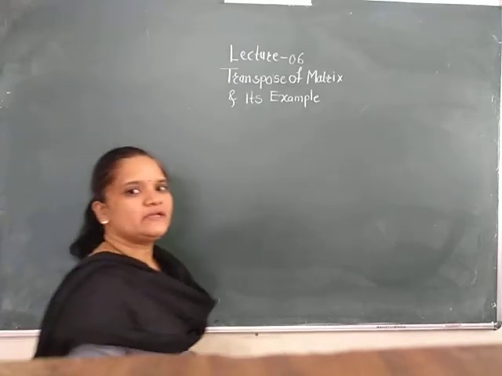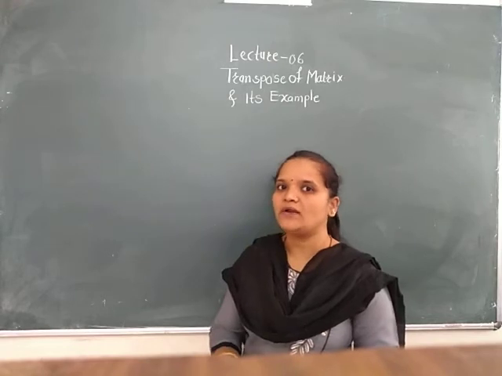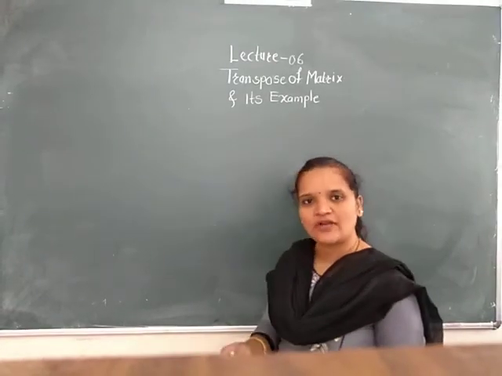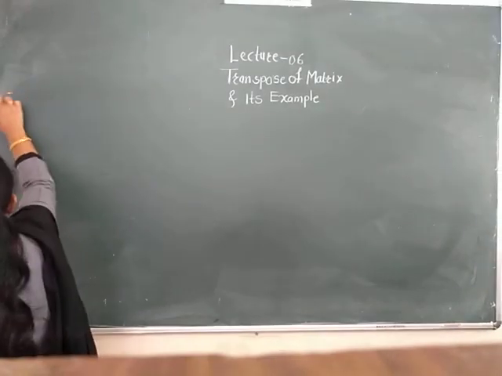First of all, we will discuss some examples on transpose of a matrix and orthogonal matrix. So first of all, I will take an example on orthogonal matrix. Write down the question here.